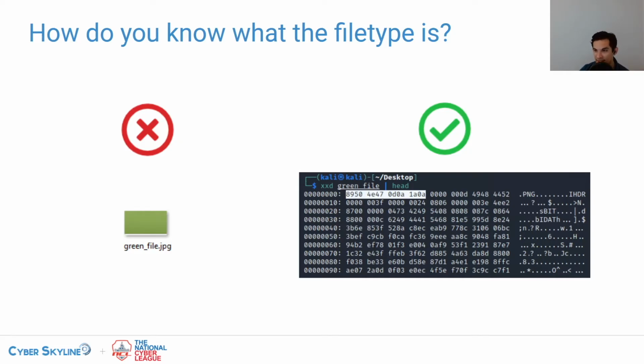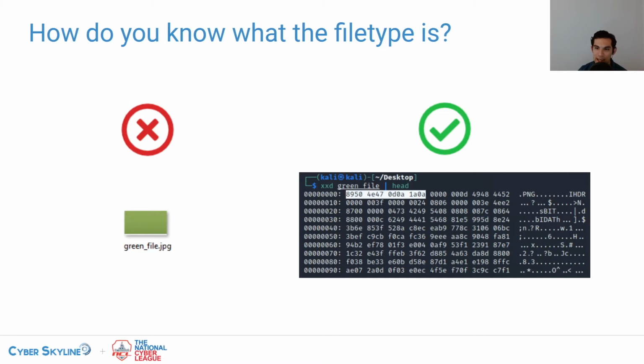And it is this signature at the beginning which should actually be used to determine the file type. Because you can always go and rename the file, but the actual file type is dictated by the data that is inside the file itself.